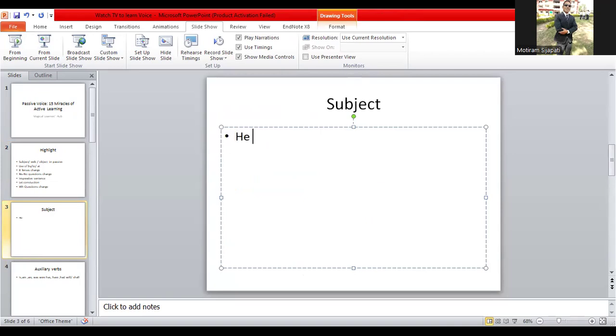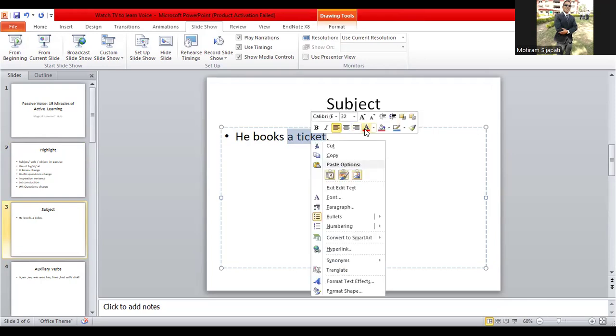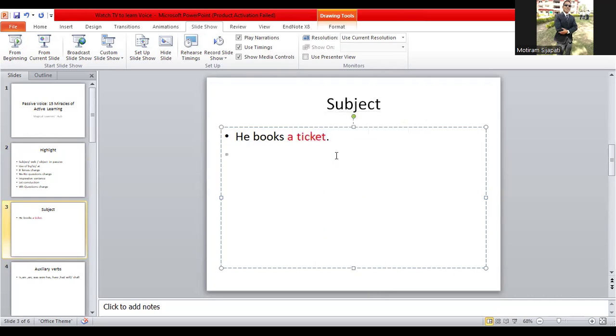He books a ticket. What becomes the subject in passive voice is the object of active voice. So what is the object here? A ticket is the object here. So we are going to make passive voice by bringing the object into the subject position. A ticket.